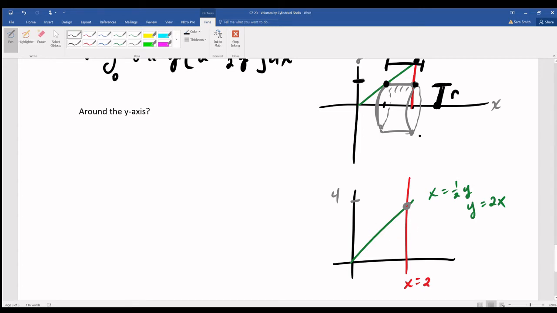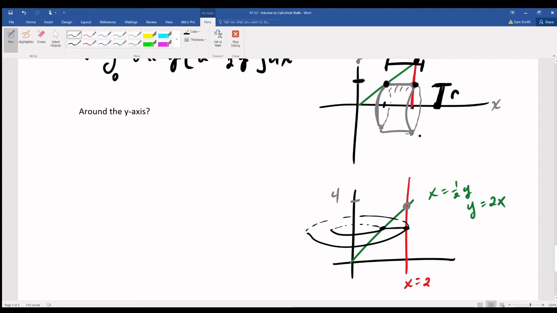So if I took a horizontal bar and spun that horizontal bar around, spin, spin, then a washer-shaped cross-section would appear as a result.